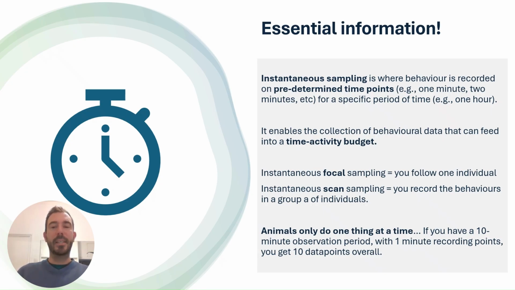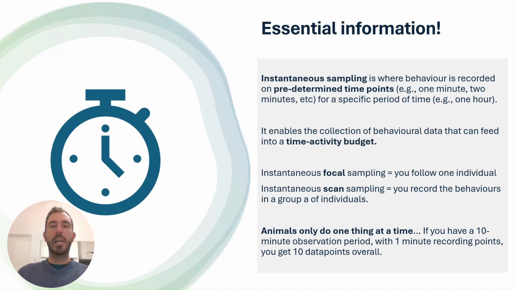This enables the collection of behavioural data that can feed into a time activity budget because you are assuming that what you see the animal doing on that 1 minute sample point, for example, is what it's been doing for that entire minute. So you then count up your minutes worth of data, which gives you an estimation of time spent on behaviour.